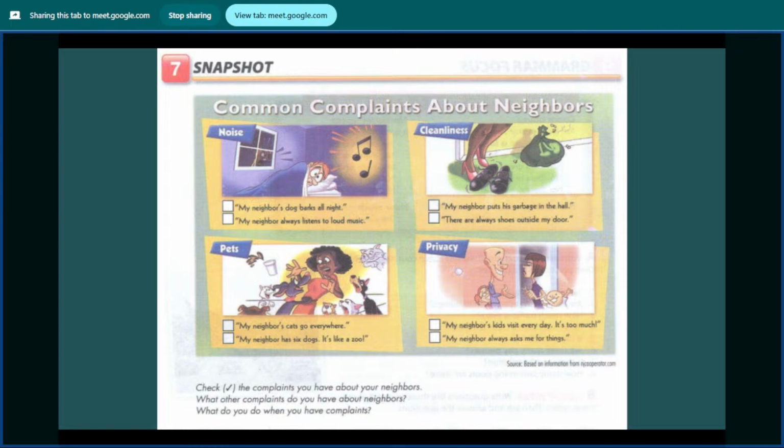Yes. Okay. As I said, we started with unit number 8 and we learned to talk about neighborhood. Here we will see how to talk about common complaints about neighbors that we have. So quickly tick mark the complaints that you have about your neighbors, from those that are given over here. That's what you have to mark.